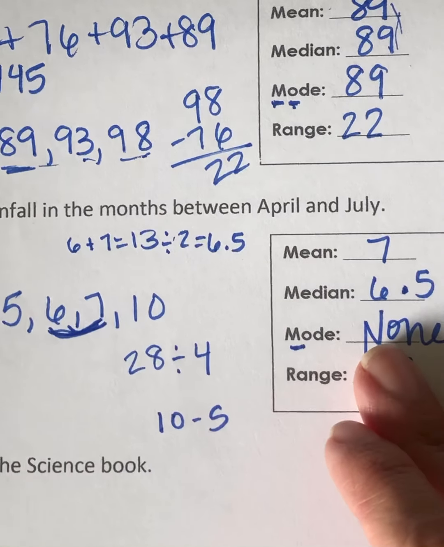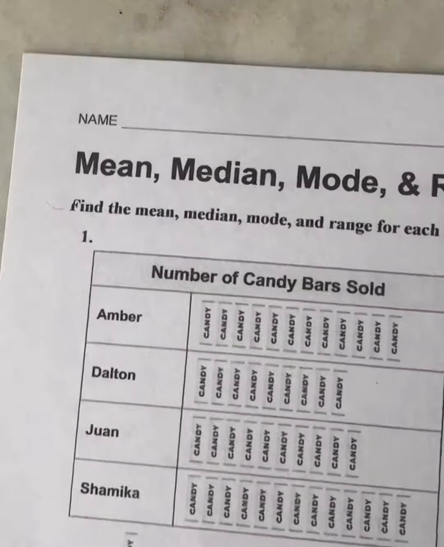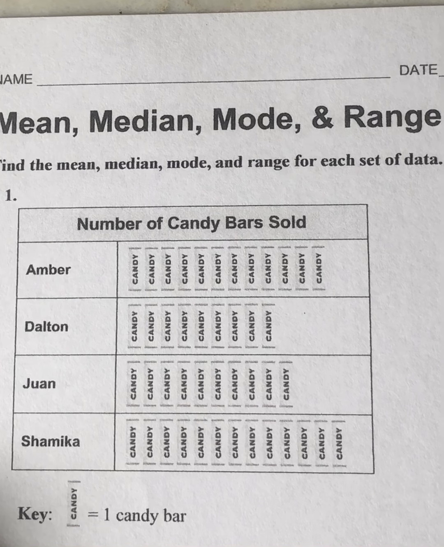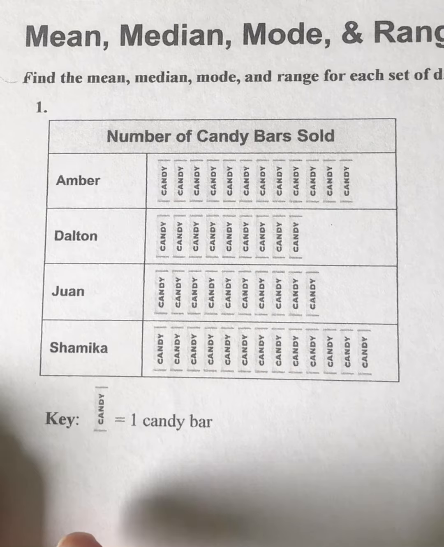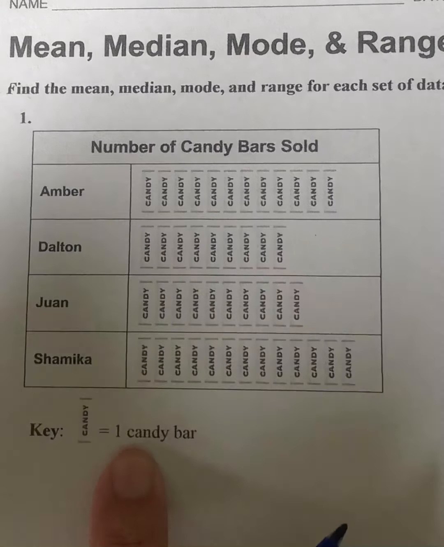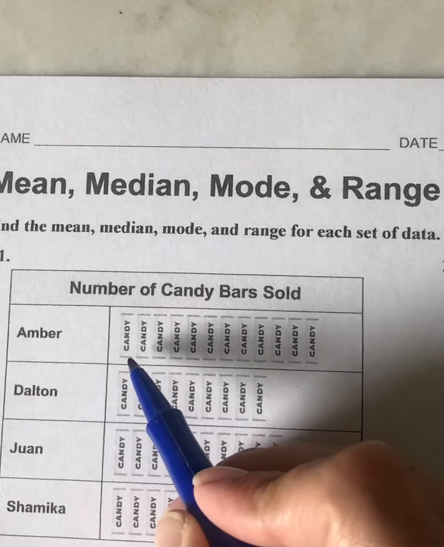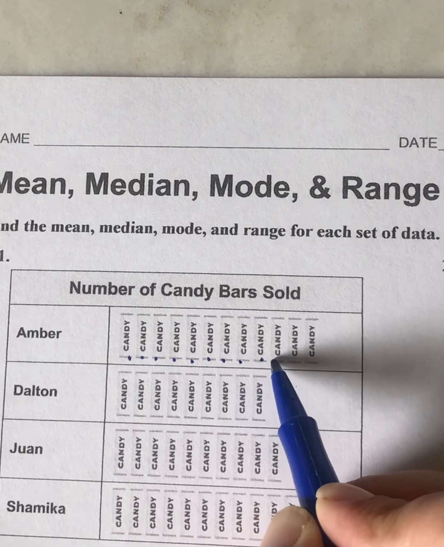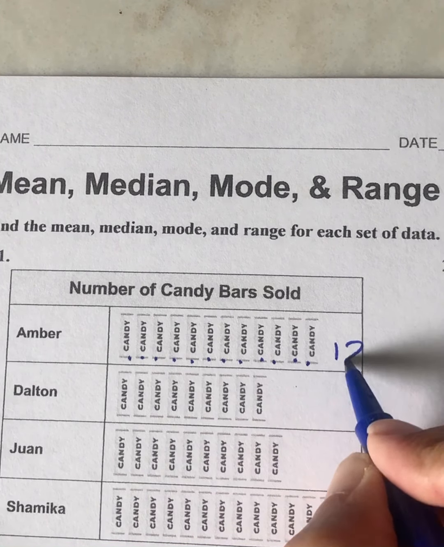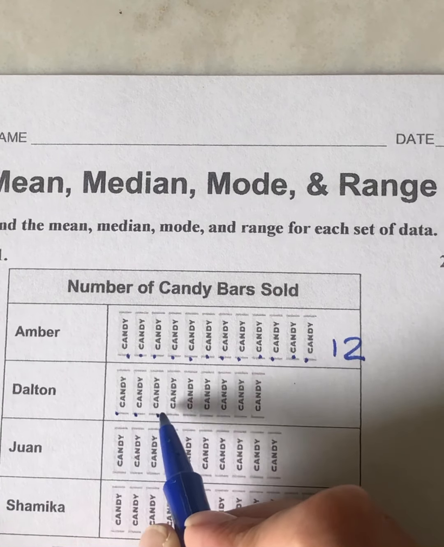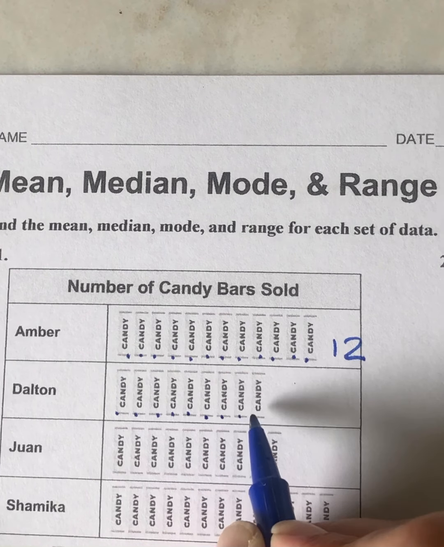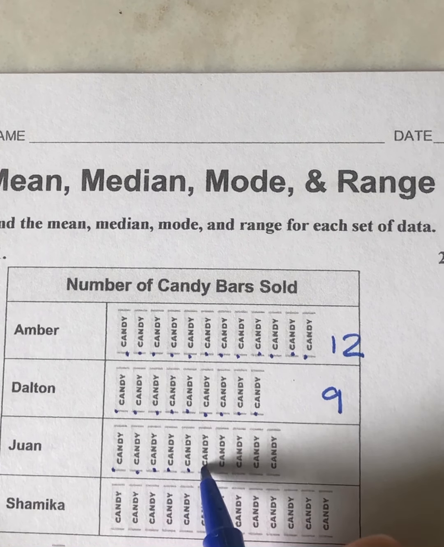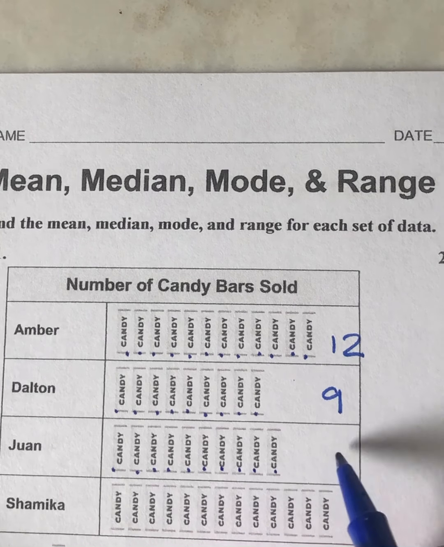I'm going to show you one more. It would be like a bar graph like this. So these are the number of candy bars sold by each child. So one bar equals one candy bar. Okay, so this child had 1, 2, 3, 4, 5, 6, 7, 8, 9, 10, 11, 12. This one, 9. This one, 10.